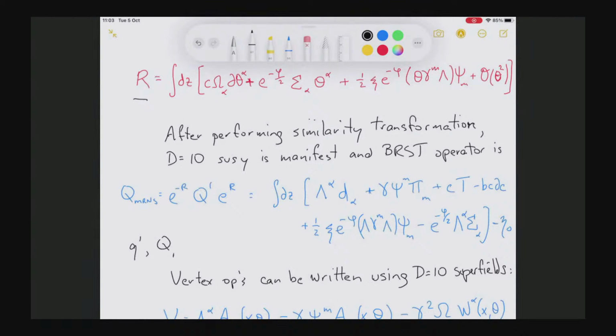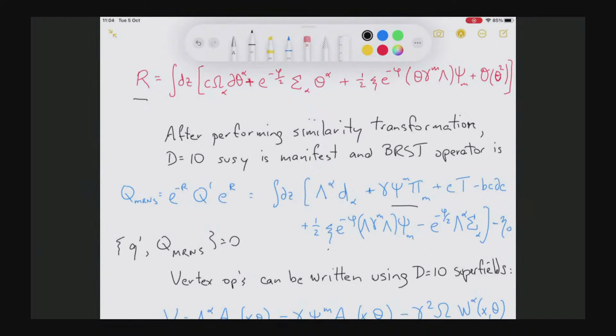So I call this modified RNS. So this is, of course, 0, which means that all the terms here are manifestly space-time supersymmetric. And you can work it out, and this is the form they have. So it has the usual RNS term, gamma psi m dxm, but of course now everything has space-time supersymmetry. It has some unusual terms.